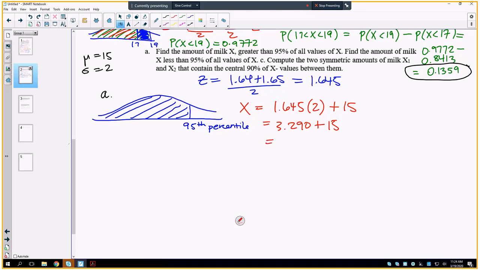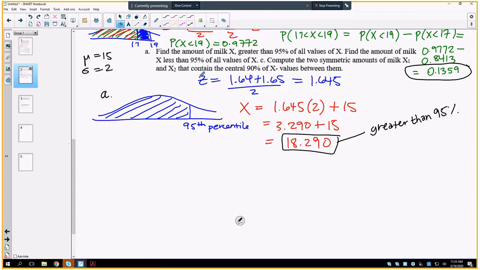And that is 18.290. So 18.290 is the x value greater than 95%. That was the first part of the question.